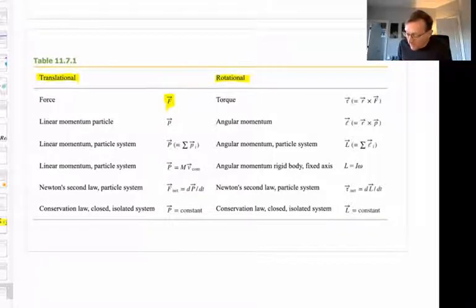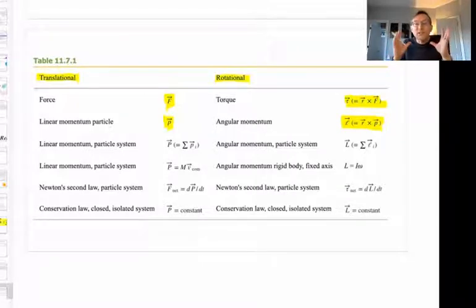When you're studying rotational motion, the quantity you want to focus on is torque, tau, which is r cross F. For translational motion of a particle, linear momentum is very important, p equals m times v. In the rotational analog, it's angular momentum that's important, l equals r cross p.